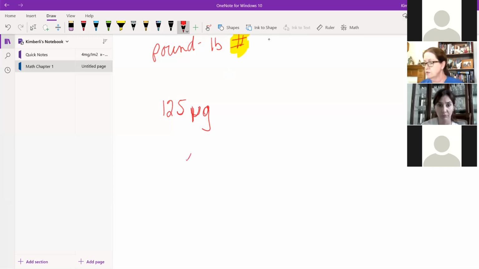You might also see micrograms written like this, which kind of looks like minims, but that's another way to write micrograms. And I think in actuality it won't have such a long loop, it'll have a smaller loop, like that.